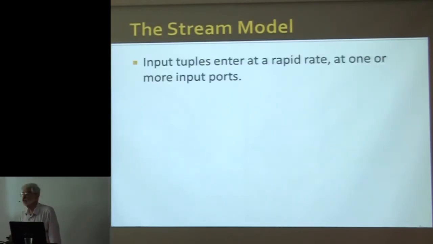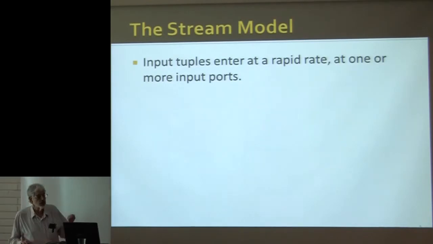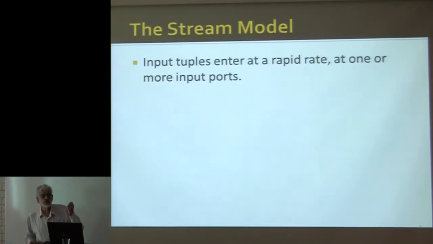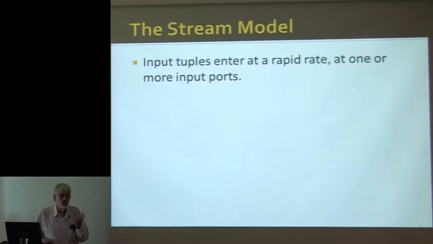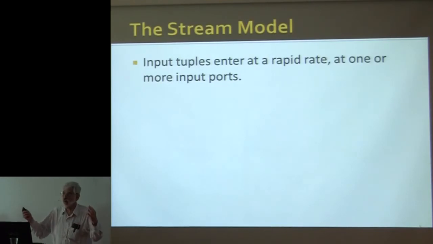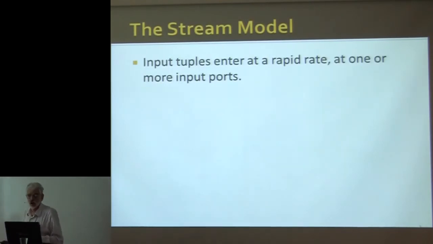So the stream data model: first of all, you have several input ports, often many input ports. I'll assume that data elements are tuples, that is, records or vectors. They come in at these input ports. Again, you can't control the rate at which they occur.